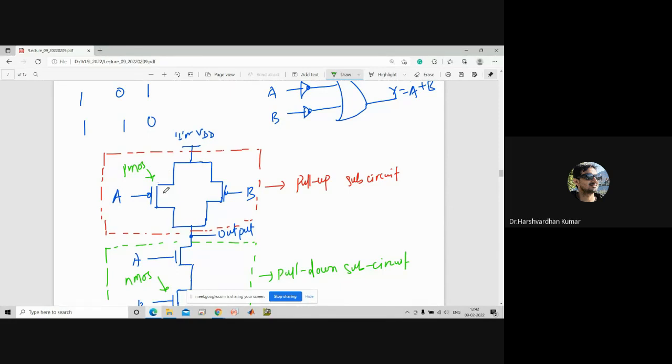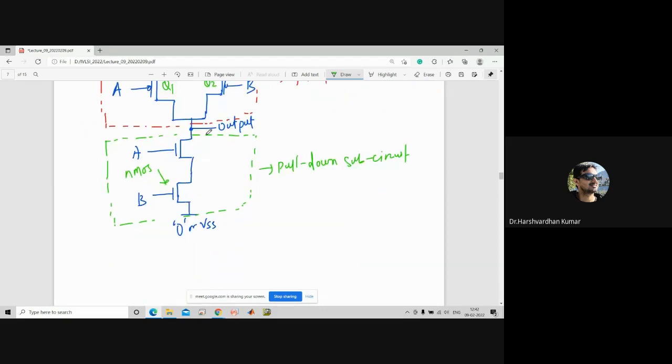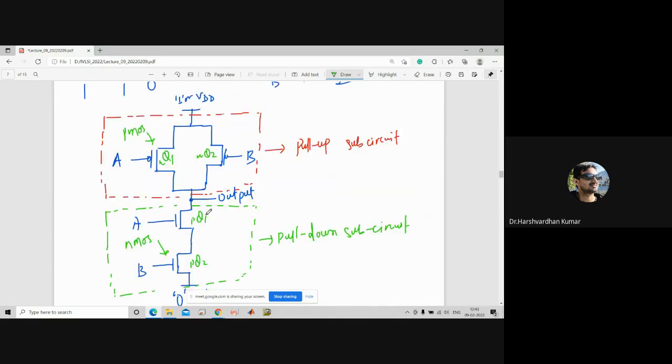Let us say these are NQ1 and NQ2, and these are PQ1 and PQ2, where Q represents the MOS transistor.